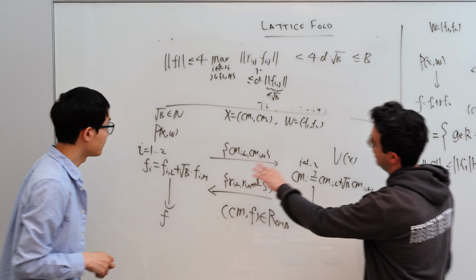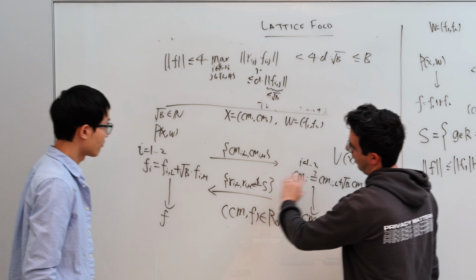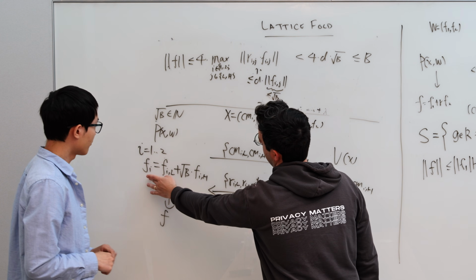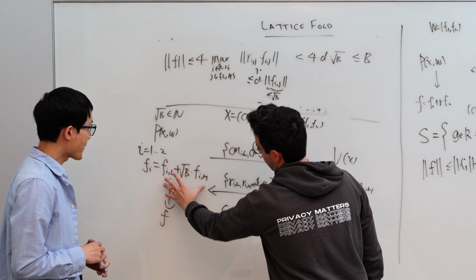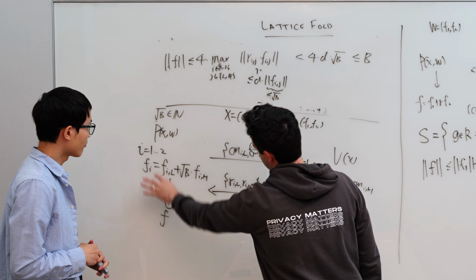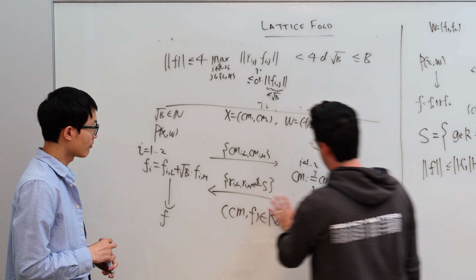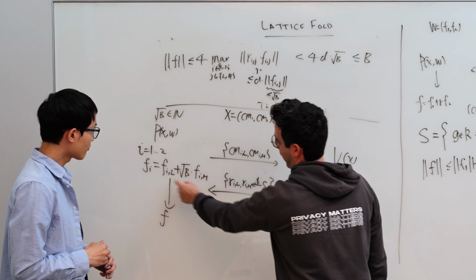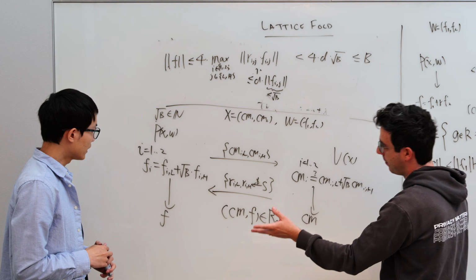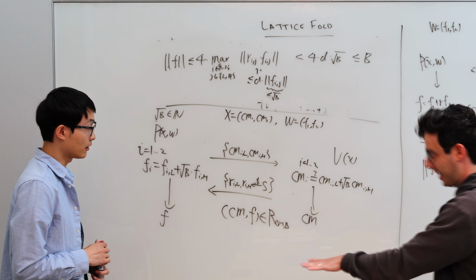Like the problem is we are currently violating the condition that indeed we have no idea if Fi, or these FIL and FIH, are the correct decompositions corresponding to this thing. Certainly, if they are the correct decompositions, then you get the result, right? But we have no idea if FIL and FIH are actually small norm. Yes. And specifically, that their norms are smaller than square root of B. Exactly. That's the problem.